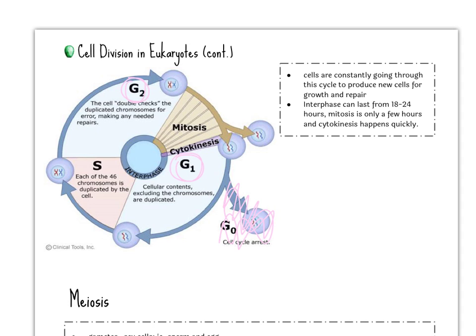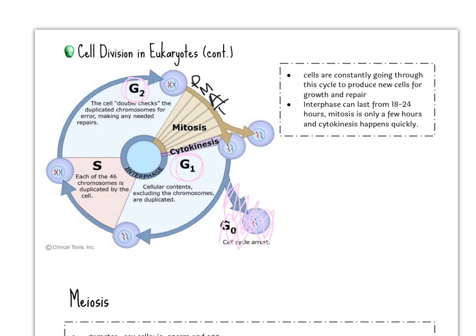So I'm going to write the phases of mitosis here in order. Prophase, metaphase, anaphase, and telophase. And that lovely abbreviation we call PMAT. So here the nucleus is dividing.